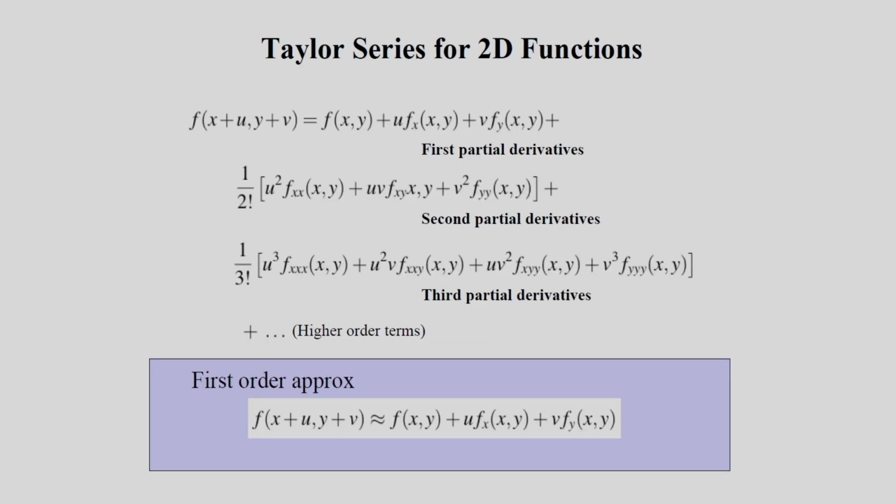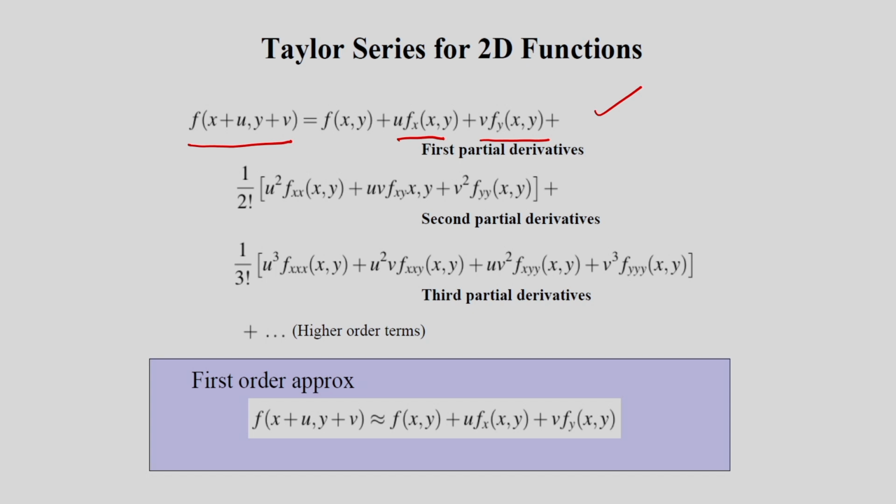And for this, I am considering the Taylor series approximation. If I consider f(x+u, y+v), with the help of the Taylor series expansion, I can write f(x,y) plus u f_x(x,y), that is nothing but the gradient along the x direction, and v f_y(x,y), where f_y is the gradient along the y direction, that is the first order derivative.